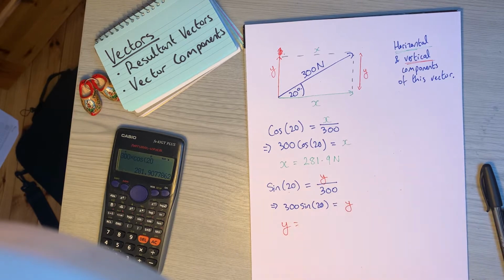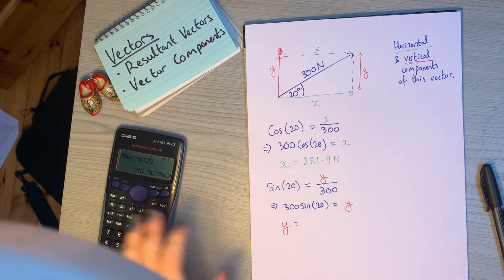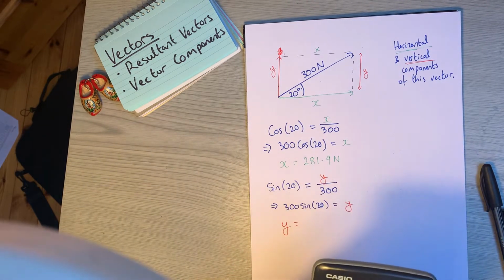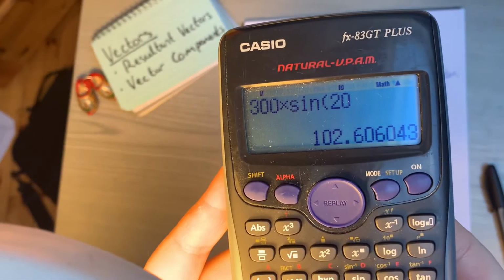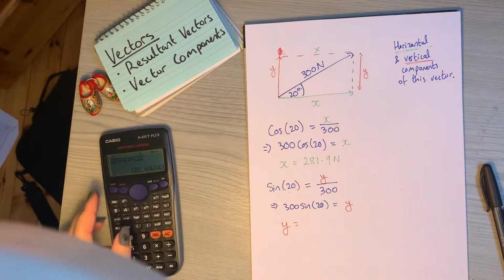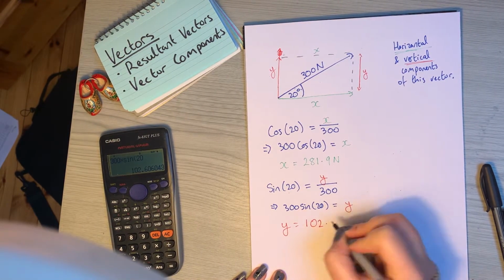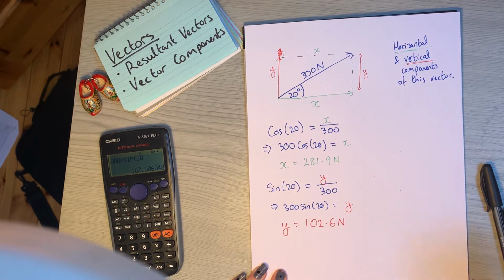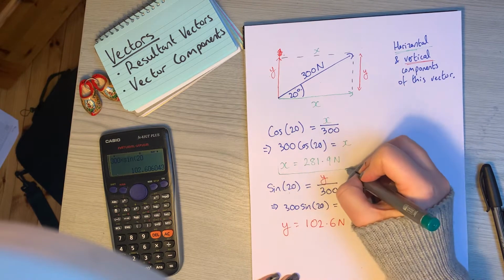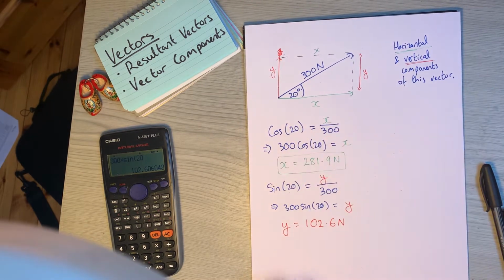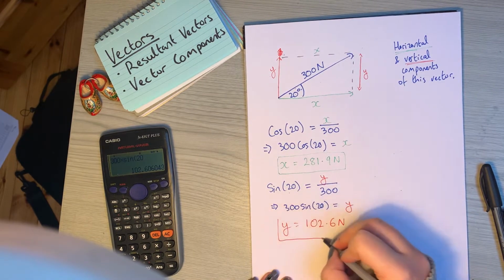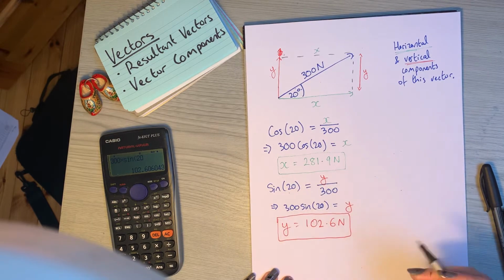So Y is equal to 300 times sine of 20, and that's 102.6 newtons. And there is your answer. That's your horizontal component of the force and your vertical component of the force.